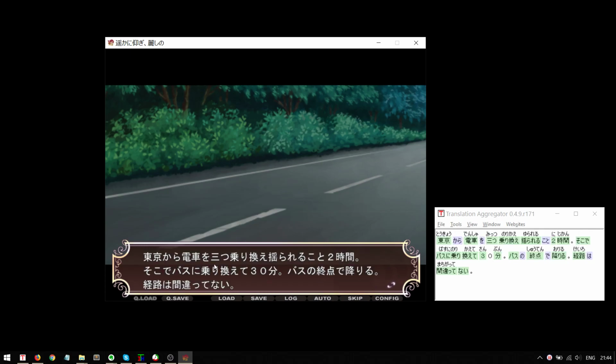東京から電車を3つ乗り換え揺られること2時間。そこでバスに乗り換えて30分。バスの終点で降りる。経路は間違っていない。So he came from Tokyo. 乗り換え means to change trains. So he changed trains 3 times.